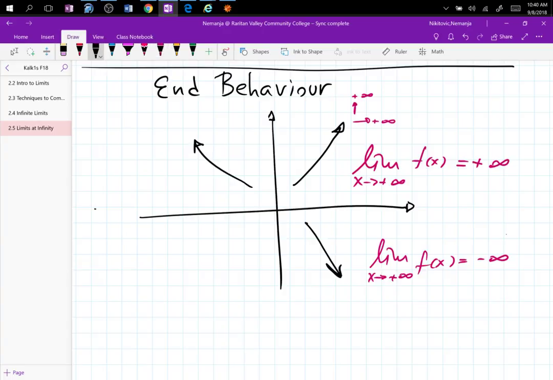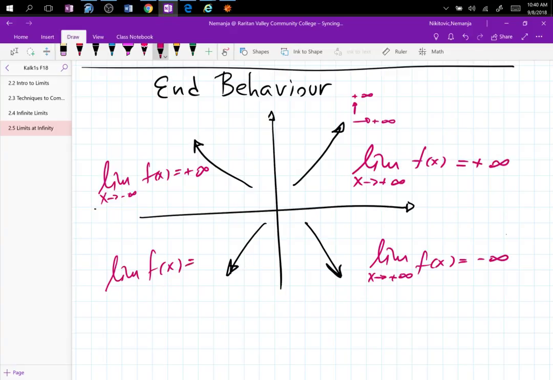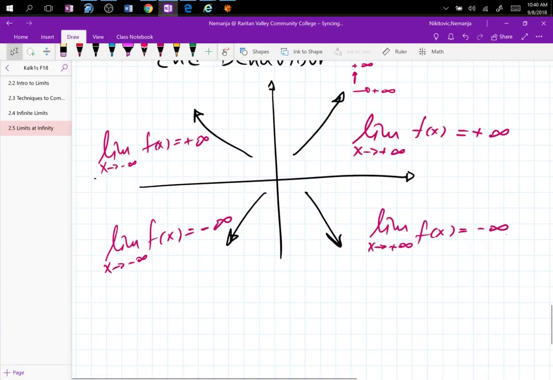And then just fill the other two. Limit as x goes to negative infinity of f of x is positive infinity, and limit of f of x as x approaches negative infinity is negative infinity. This is what is known as end behavior.